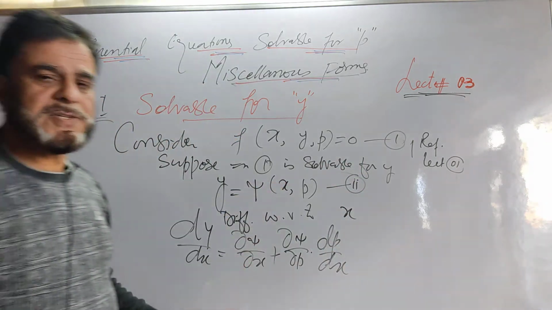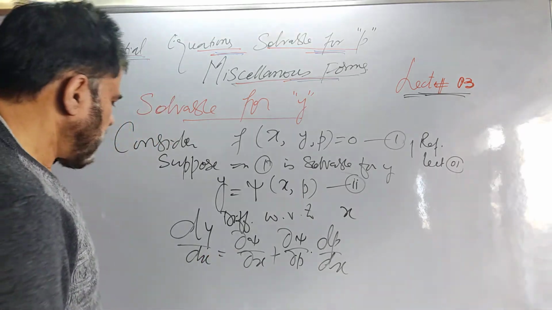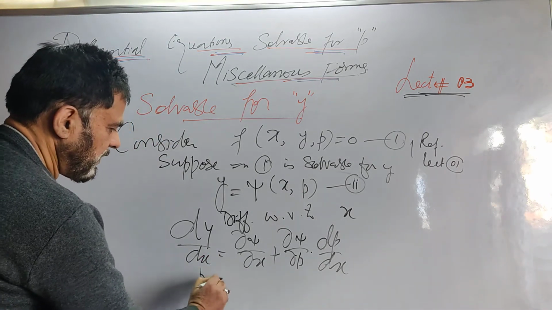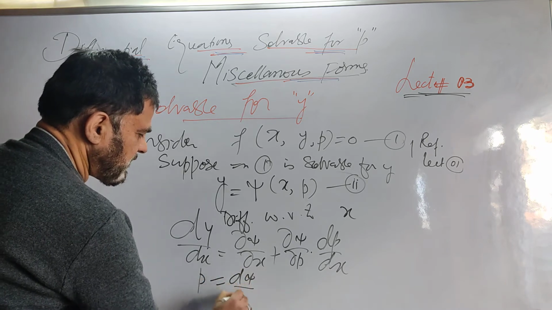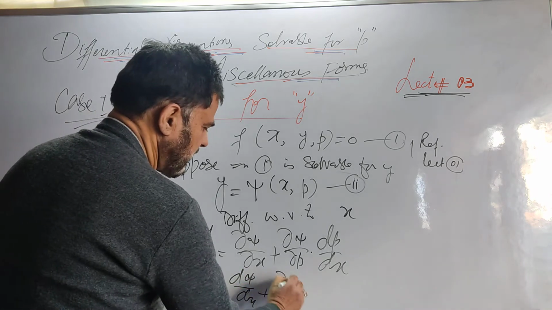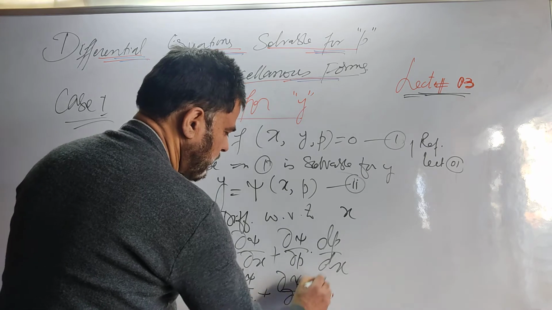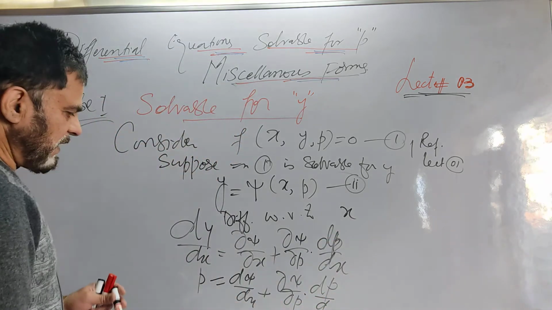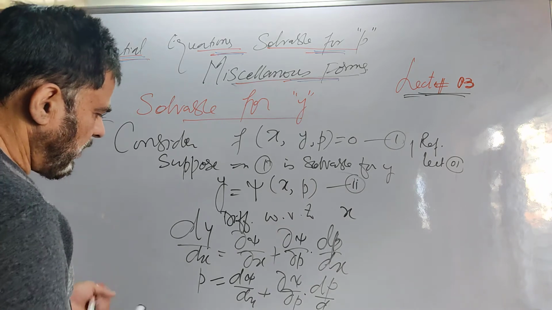That is, P is equal to del psi by del x plus del psi by del P into dP by dx.